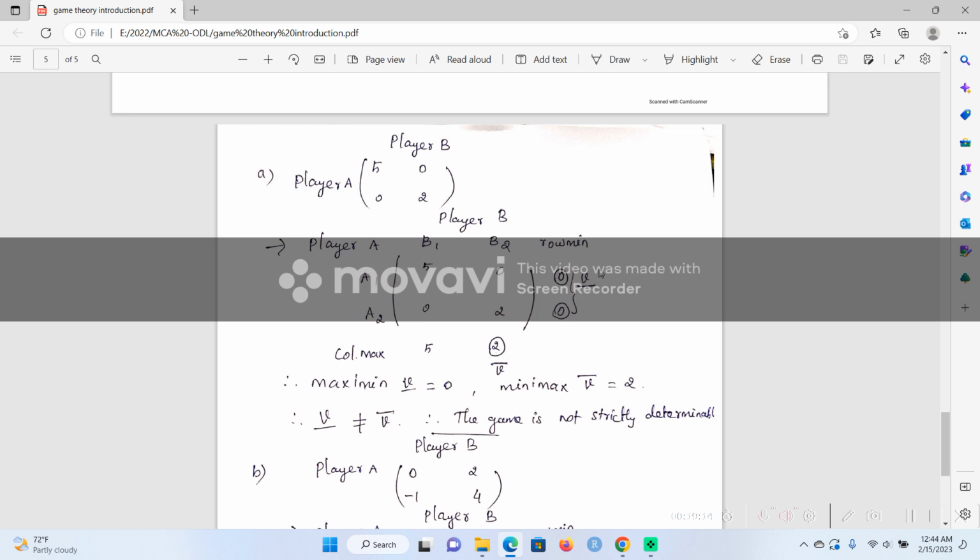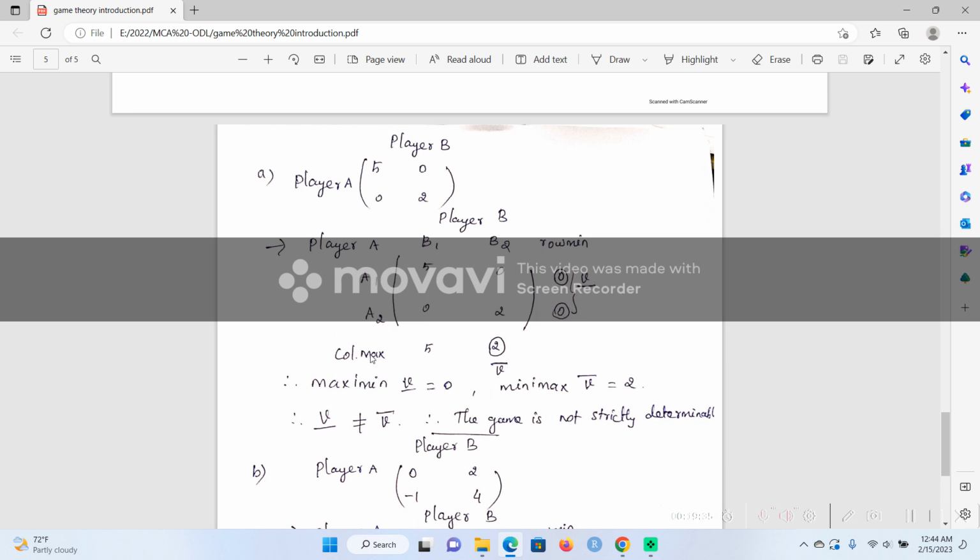So among the minimums we have to choose the maximum value, but here both the values are 0, so both are taken as the maximum, and it is denoted by V lower bar. Here it was wrongly mentioned as V upper bar. Anyhow, no problem.